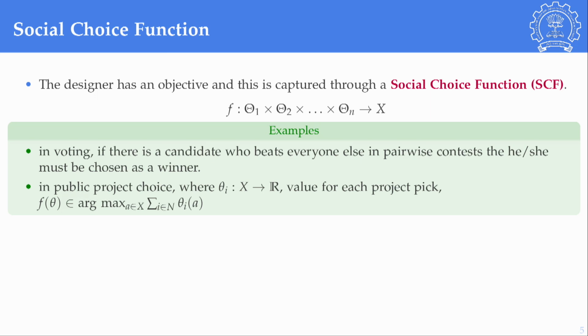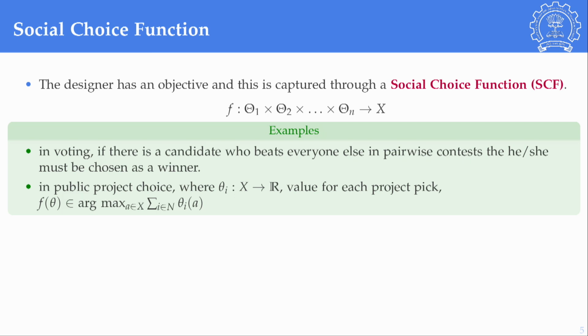This is from the cardinal world. Suppose I want to choose a public project. In the city, I want to build a bridge or a museum or a road, whatever, and those are my outcomes. Every agent has a value associated with those outcomes, right? So think about that x as bridge, museum or a street, and that gives you a certain valuation.